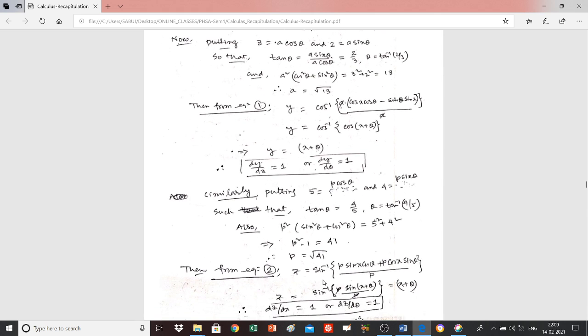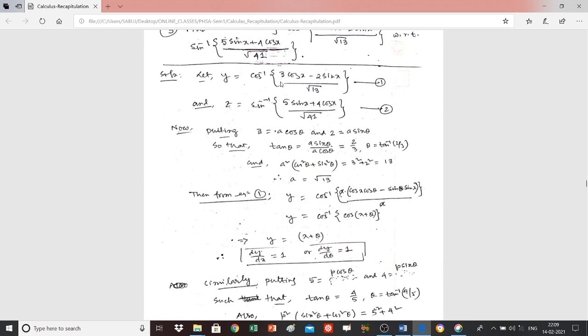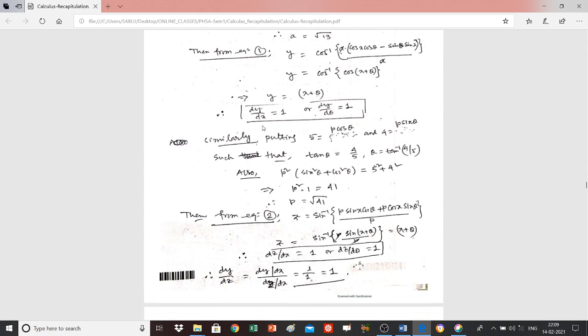And now it is time to substitute the values of these 5 and 4 and also this p in the expression of z, that is in this expression. So that is carried out here.